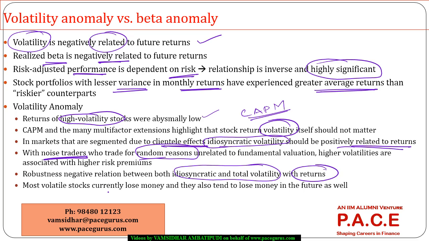Most volatile stocks which are currently losing money, it is said, will keep losing in the future as well, because the volatility is much higher, people don't want to invest in them, so they keep losing their value even in the future. This is the big anomaly which is going against the traditional strategies like CAPM, etc.